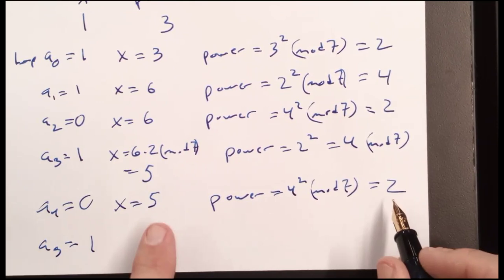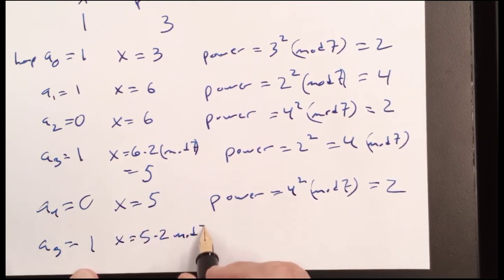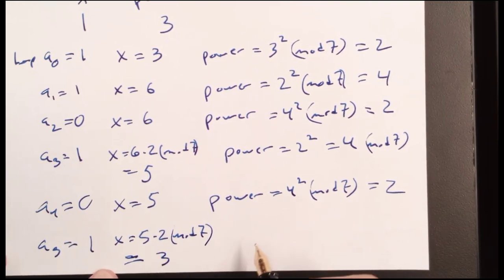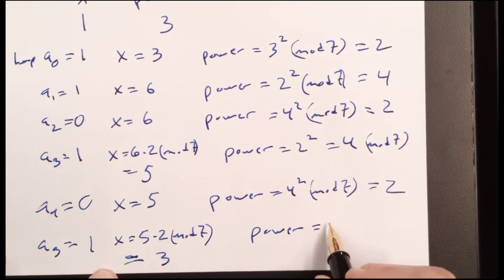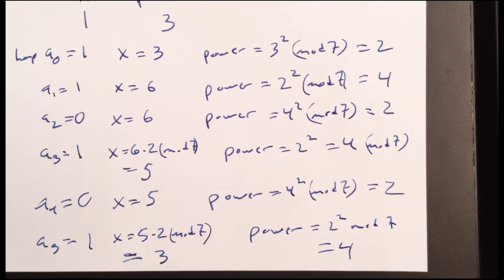So I do multiply. Five times 2, mod 7 is 3. Technically, I should also do this. But since I am now done, I've reached the end of my number, I can now spit out the answer. The answer is 3.